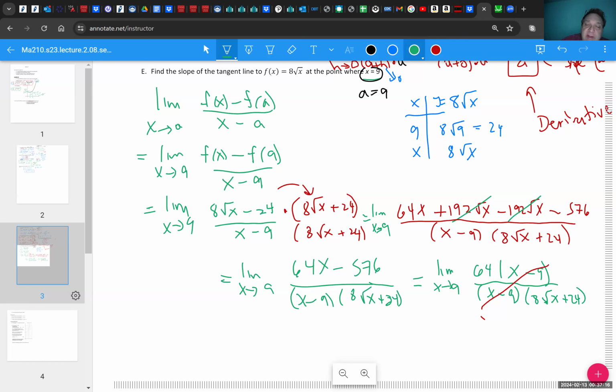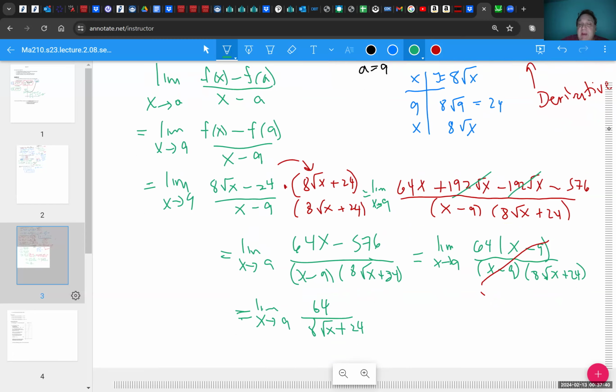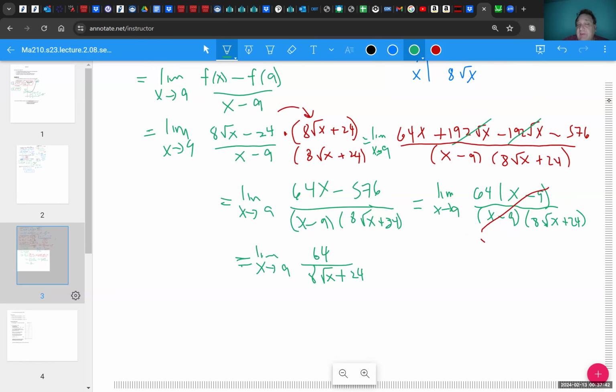And so now I am left with the limit as x approaches 9. On the top, I just have 64. On the bottom, the x minus 9 part got divided out, so I'm left with 8 root x plus 24. And at this point, I am able to safely substitute values that are infinitesimally close to 9.